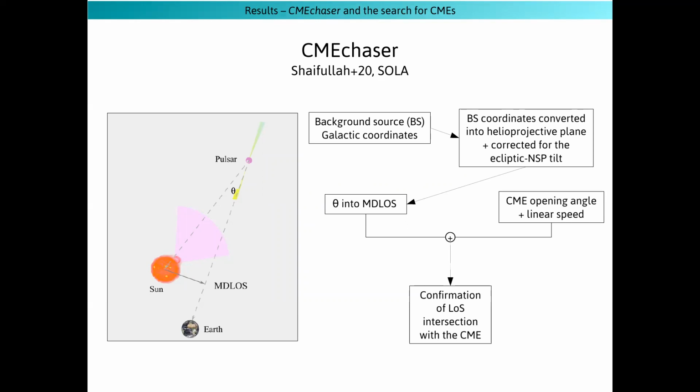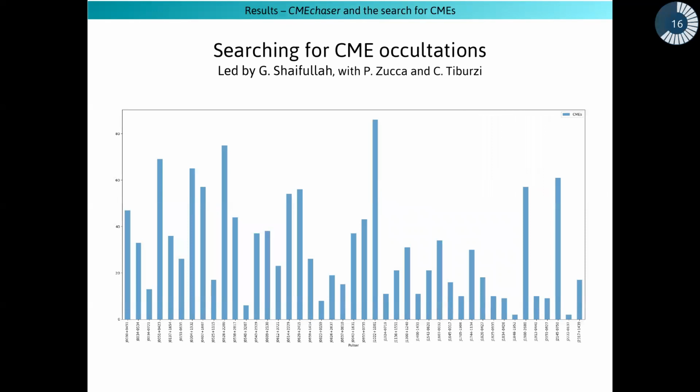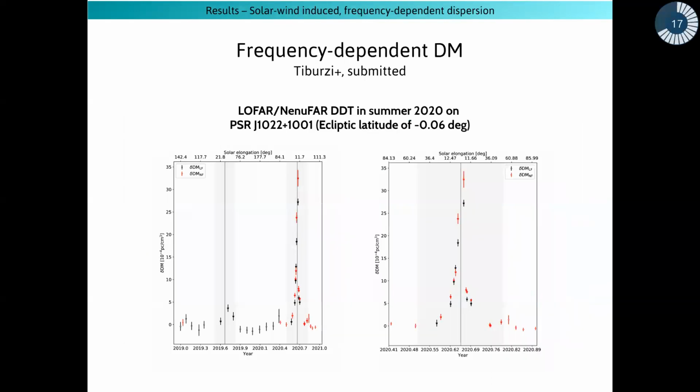With this, we are also carrying out a search for CME occultations in the pulsar observations with LOFAR and NenuFAR, so that we can isolate specific observations that have been affected by CMEs to study the properties of the CMEs themselves.